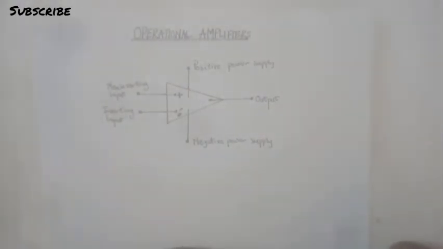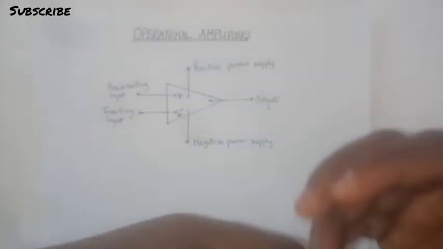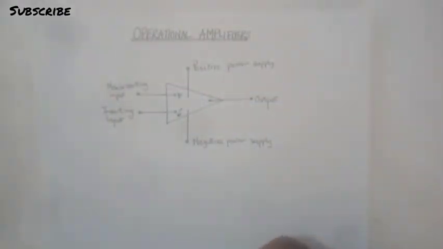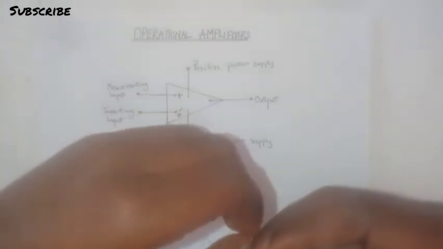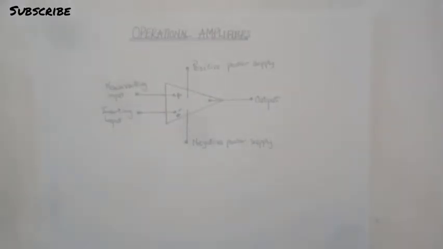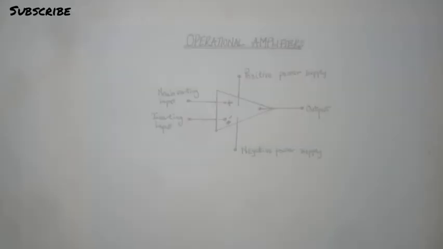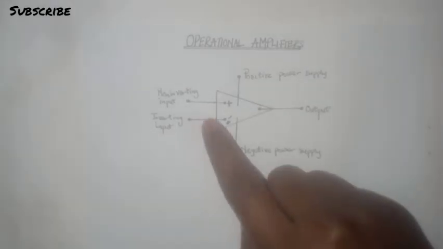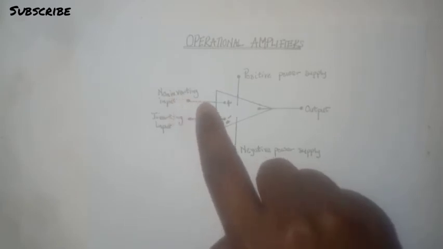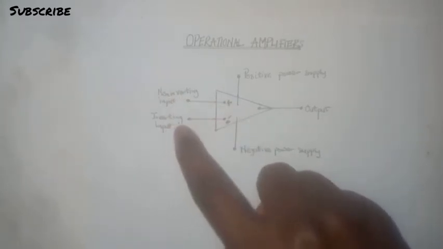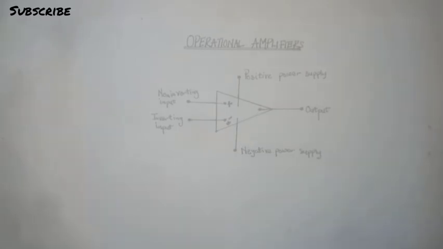We can use it to perform mathematical operations like addition, subtraction, scaling, integration, and differentiation. What the operational amplifier does in essence is that it amplifies the difference between the signal supplied through the non-inverting input and the signal supplied through the inverting input by some multiple.